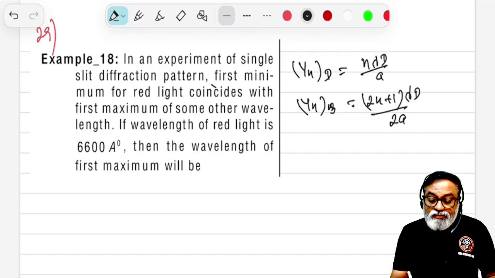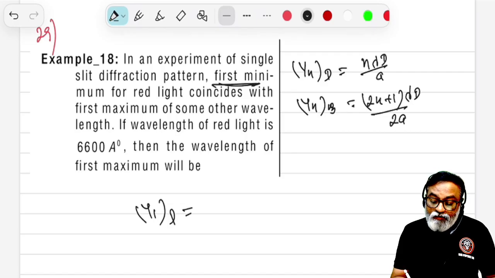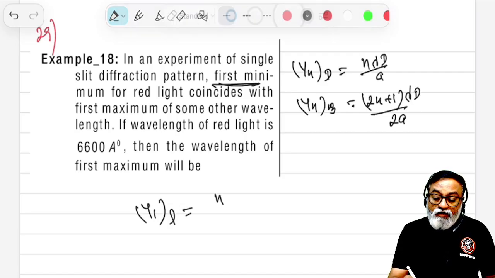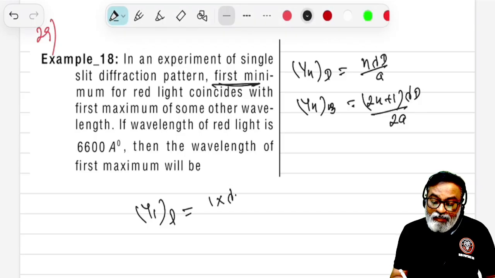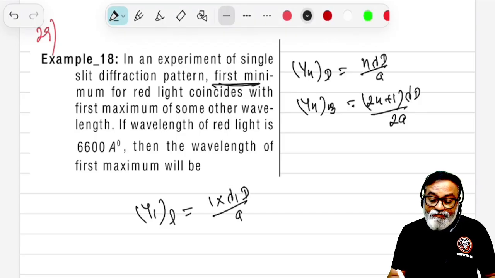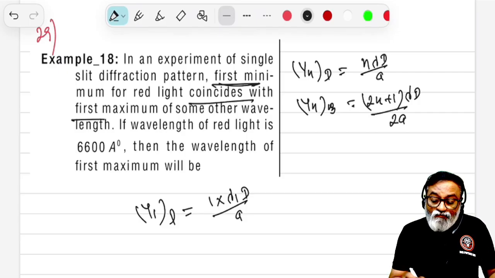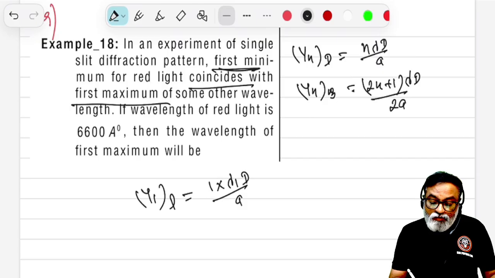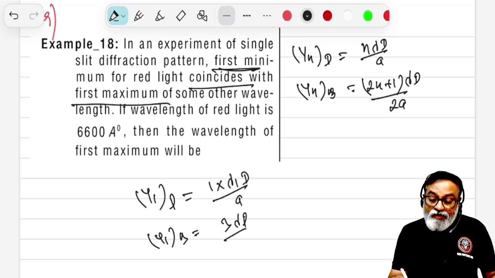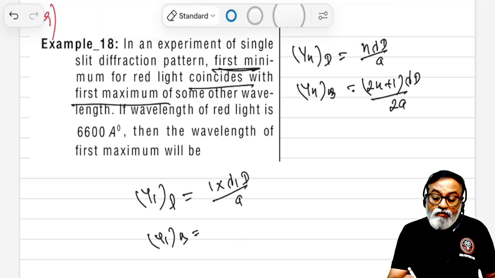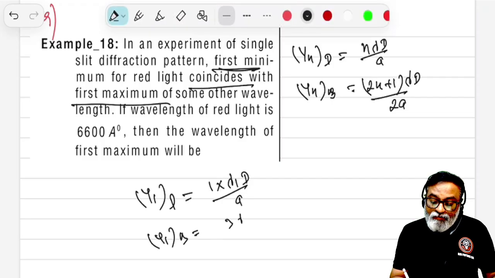Here for the first minimum, therefore y1 dark is equal to, n is 1, lambda 1 I am taking, D by a, and it coincides with the first maximum. First maximum means y1 bright is equal to, n is 1, therefore 2 plus 1, 3 lambda 2 D by 2a.